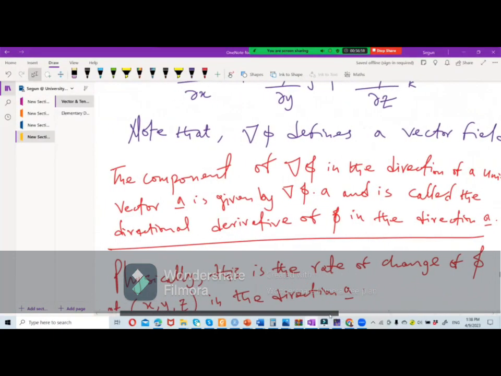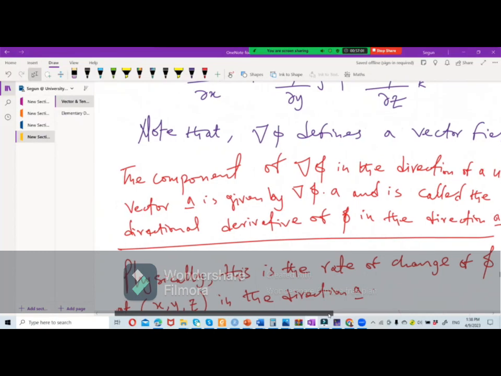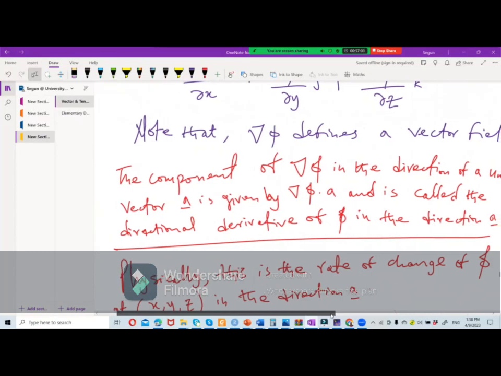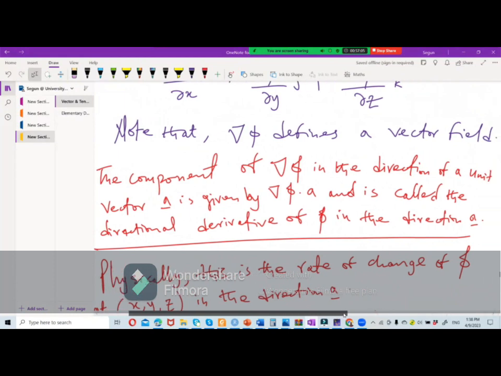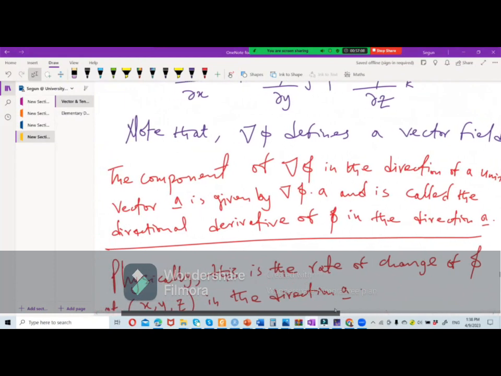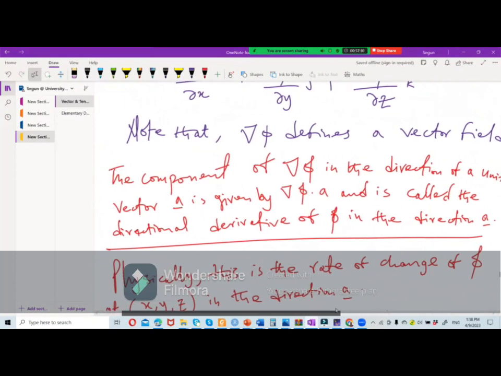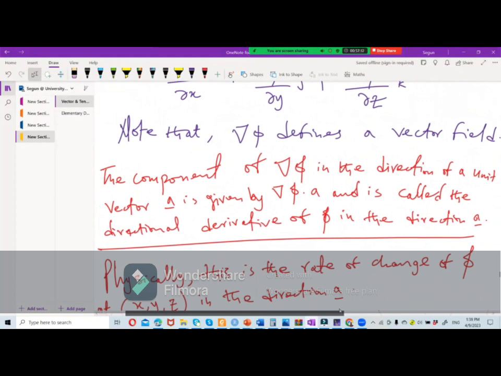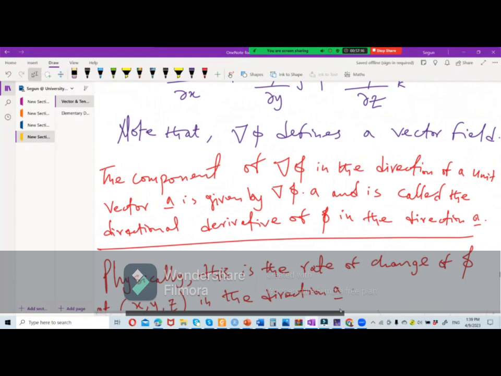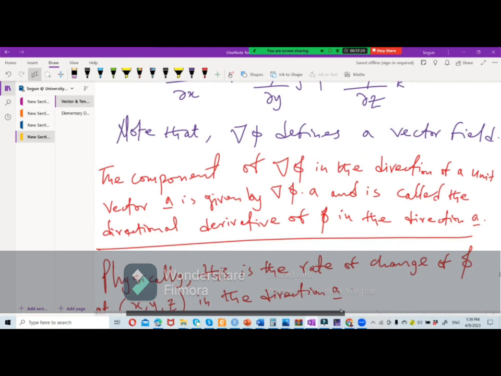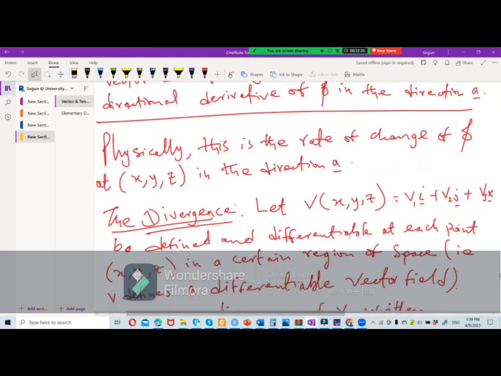Look at it, it said, the component of del phi in direction of a unit vector A is given by del phi dot A and is called the directional derivative of phi in the direction A. So that is what we are doing now.